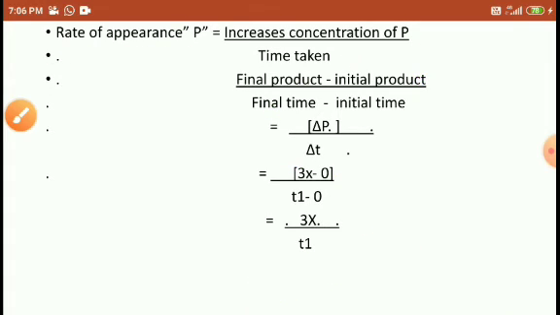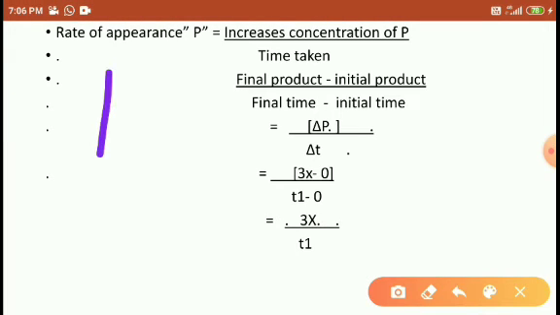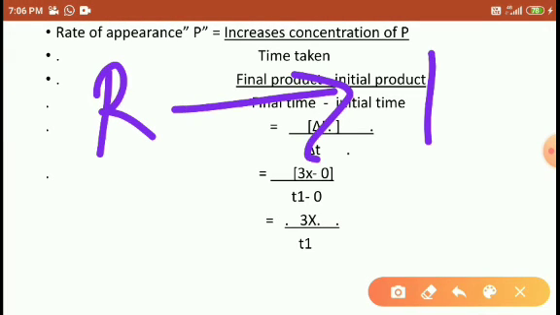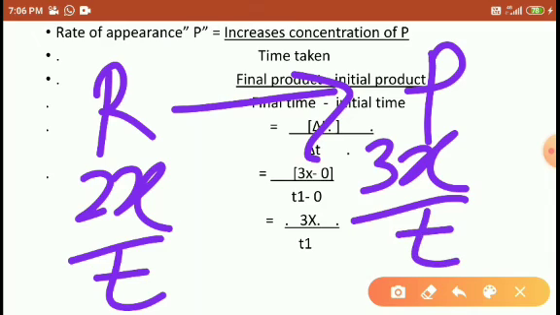But in this reaction 3x by T1 is not equal to 2x by T1. Here the reactant turns into product: the reactant is 2x by T and the product is 3x by T. But according to the rate of reaction, the concentrations must be stoichiometric, and this is not.